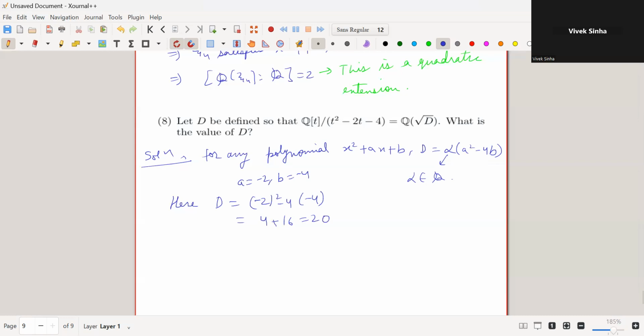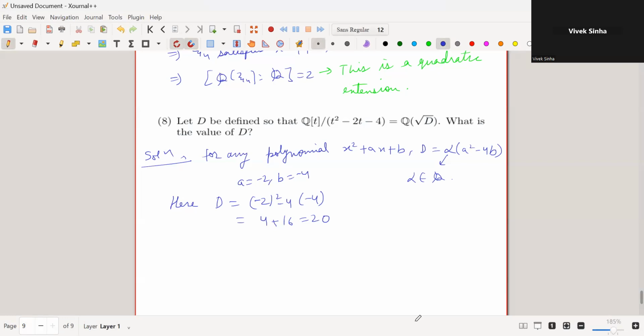There is some typo in the solution or what? Yes, there is a typo there. So what typo is there?